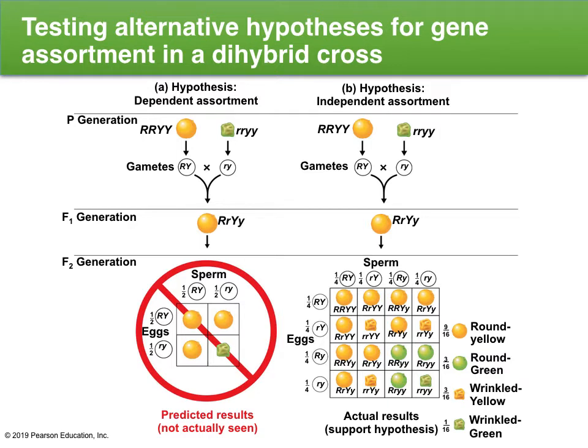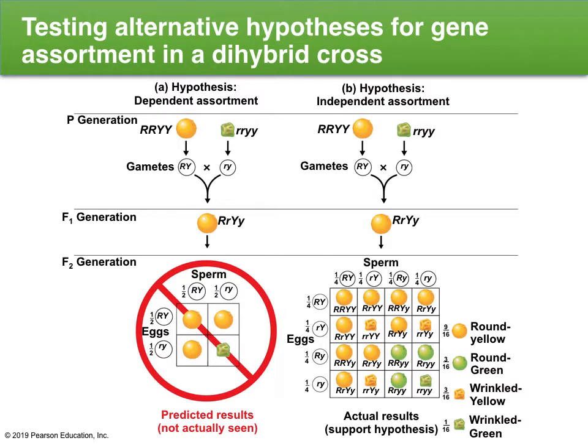The only possible gametes that are contributed from the parents are going to be the same. So here's your F1. So it's heterozygous for both characters, big R, little r, big Y, little y. If the alleles had to travel together, if dominant could only travel with dominant, recessive only travel with recessive, this is what you'd see, right? You're back to that 3-to-1 ratio.